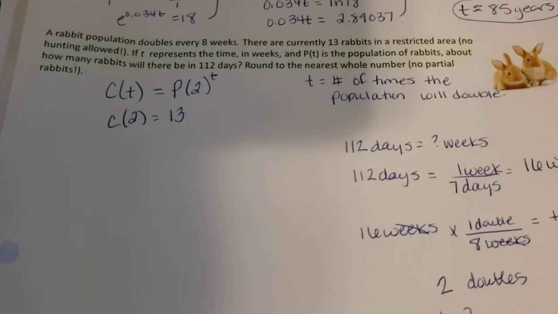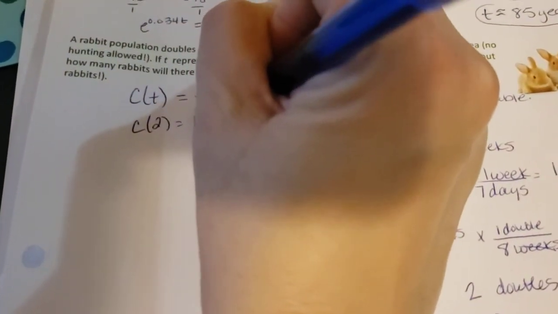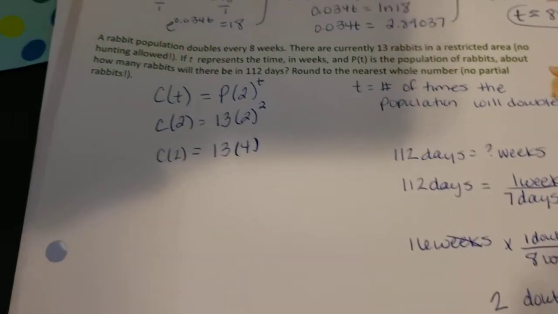I'm going to put a 2 in here. Our initial population is 13 rabbits times 2 to the second power. So that means 13 times 4. I'm noticing when I put my dots for multiplication, it looks like a decimal.